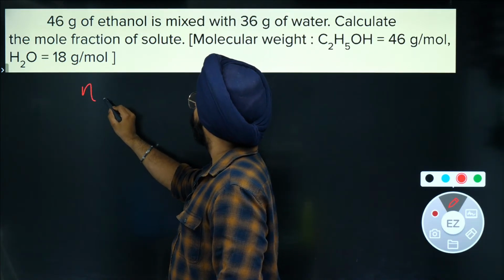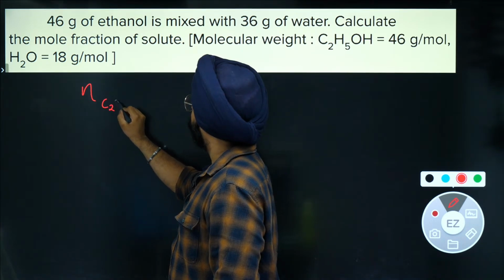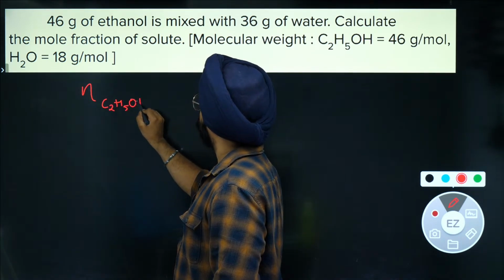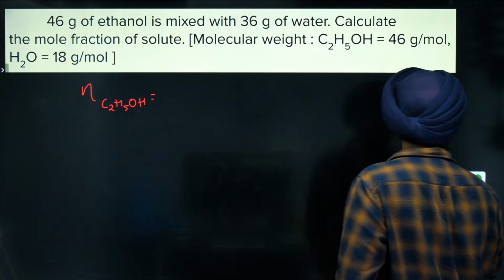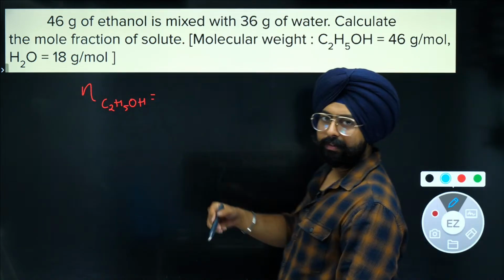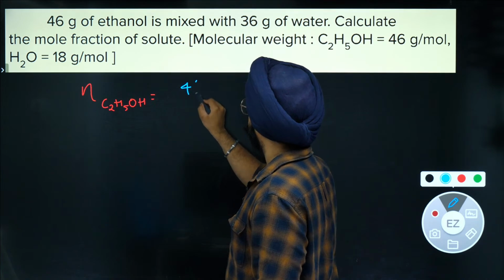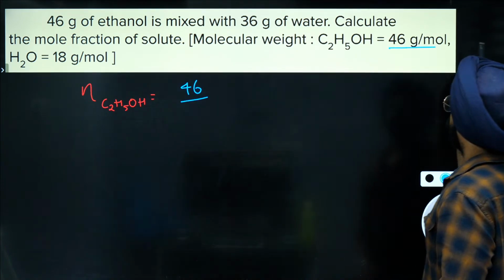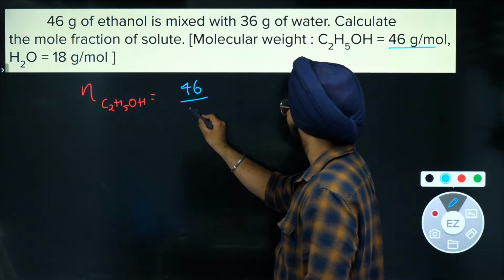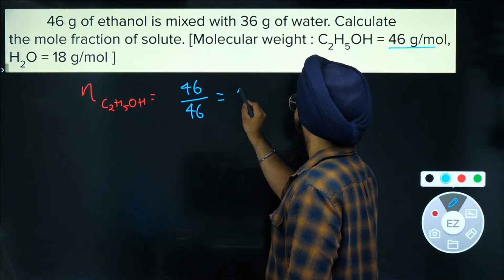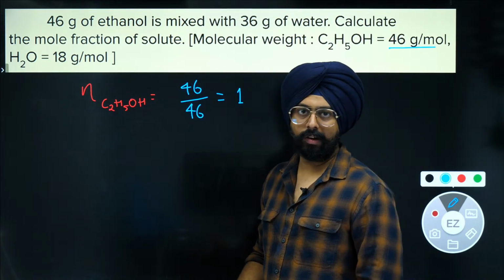Let's just calculate the moles of ethanol, C2H5OH. Moles of ethanol will be equal to the given weight, that is 46 grams, divided by the molecular weight, which is also 46 grams. So this is equal to 1. So there is 1 mole of alcohol.